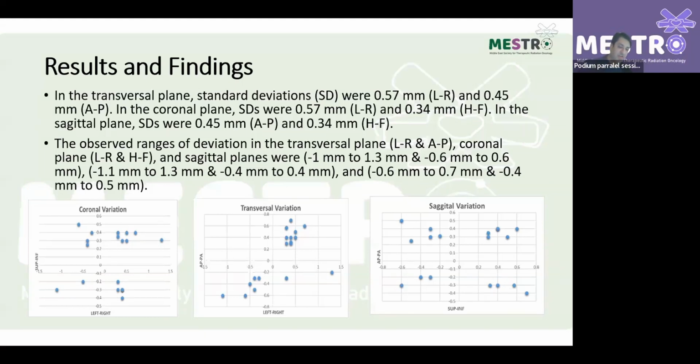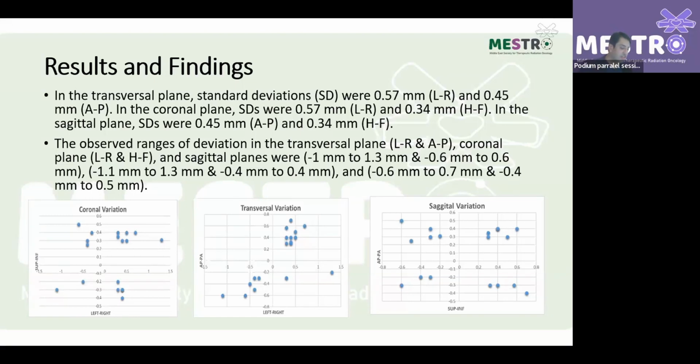Okay, in his data, he observed the ranges of the deviations. In the transversal plane, like left to right and anterior to posterior, they were -1 millimeter to 1.3 millimeter and 0 millimeter to 0.6 millimeter. For the coronal, -1.1 millimeter to 1.3 millimeter and -0.4 millimeter to 0.4 millimeter.